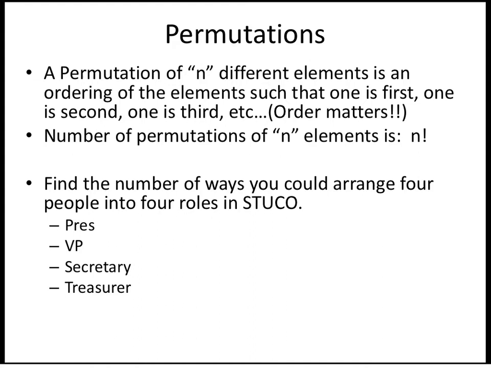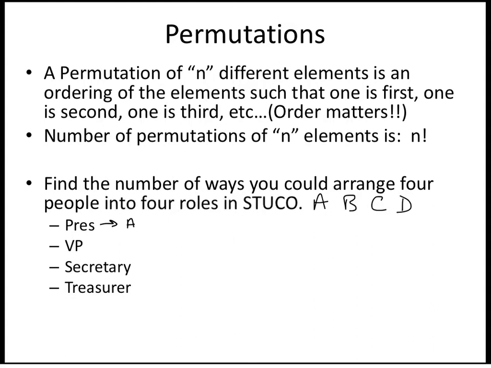So let's talk about the number of ways we could arrange 4 people into 4 roles of student council. Okay, so say we've got person A, person B, person C, person D, and we've got 4 different roles. Well, if I put in person A as president, then that leaves person B, C, and D, right?